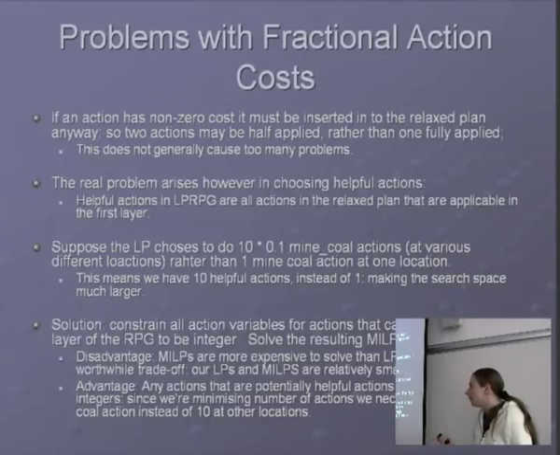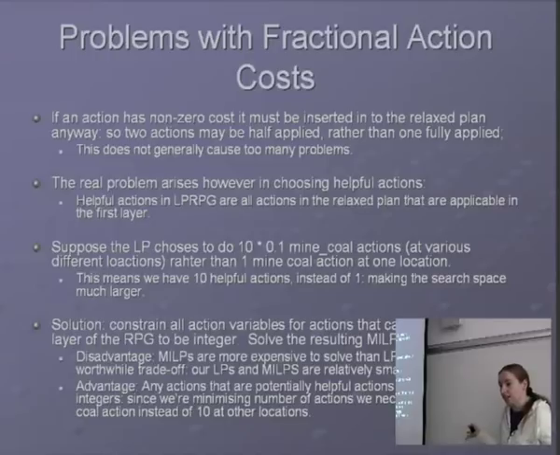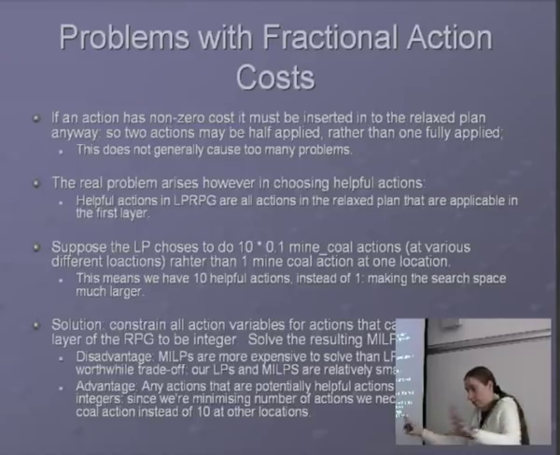But suppose we have a mine coal action. It doesn't have any preconditions. You can mine coal at any location you like. Assume everywhere's got coal. Then the LP may equally choose to do 10 0.1 mine coal actions at loads of different locations instead of one mine coal action at one location.